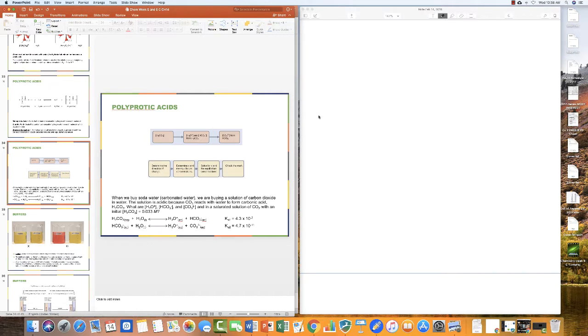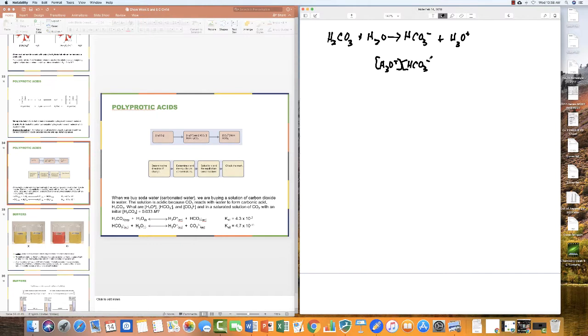So the first step is the carbonic acid plus water forms the bicarbonate ion plus the hydronium ion. The equilibrium constant for this is H3O plus times the bicarbonate concentration divided by the H2CO3 concentration. And the Ka for this one is 4.3 times 10 to the minus 7.